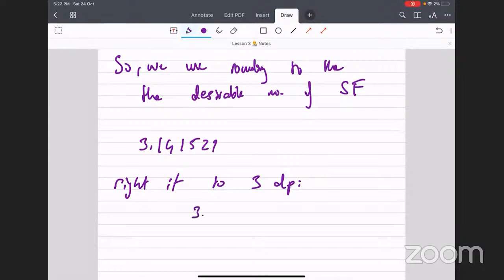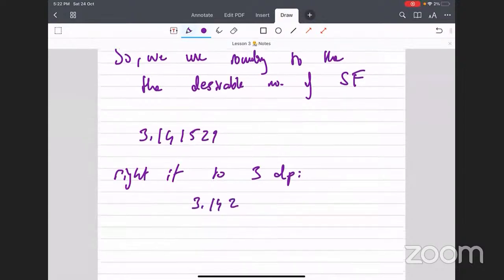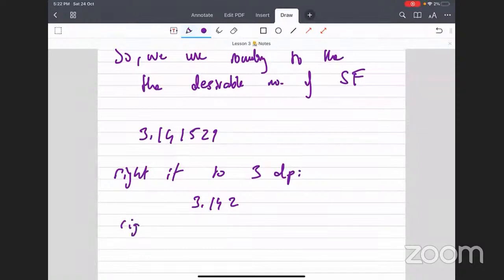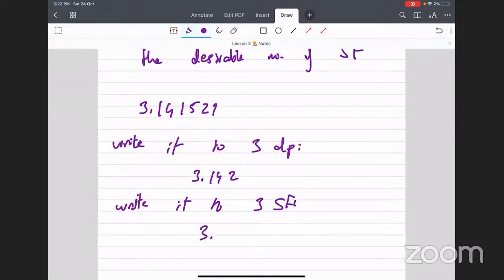Okay, 3.142. Okay, now write it to 3 significant figures. Okay, so you got the difference, right?